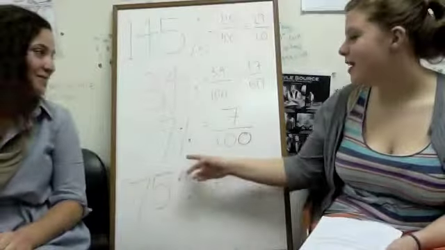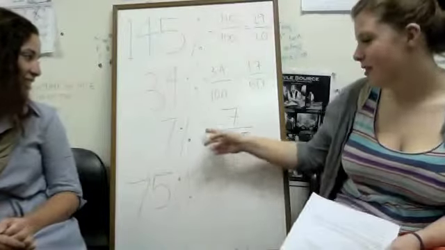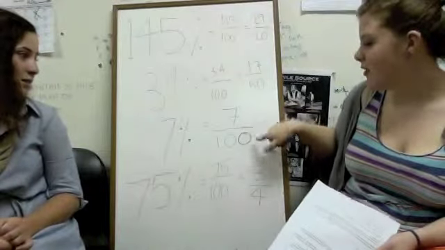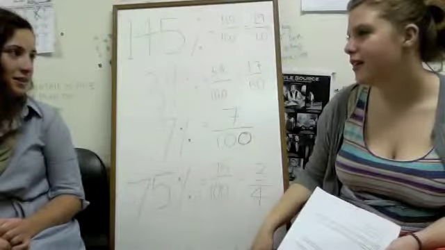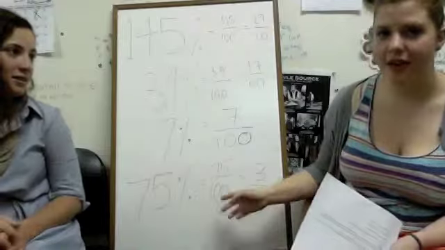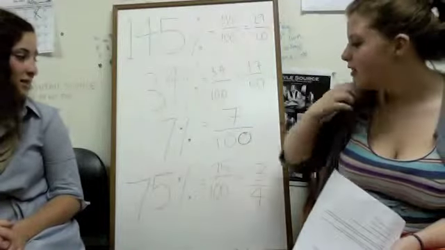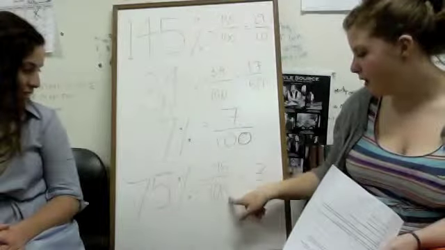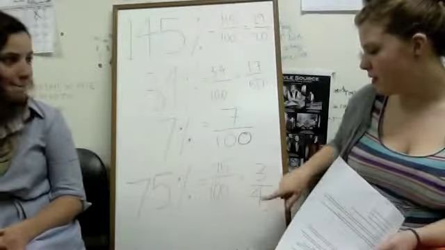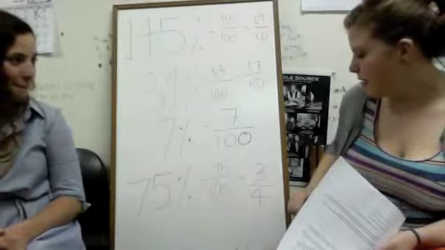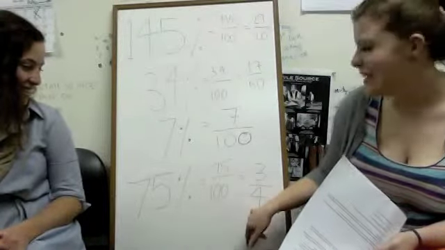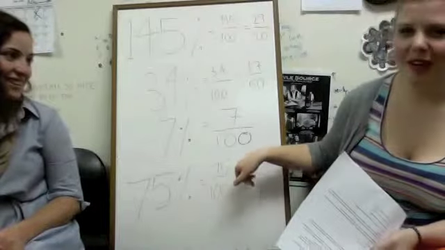And in the case of 7%, this is 7 over 100. 7 and 100 do not have any common factors, so you cannot divide this fraction anymore. And then 75% is equal to 75 over 100. And this reduces to 3/4 because 100 divided by 25 is 4, and 75 divided by 25 is 3.